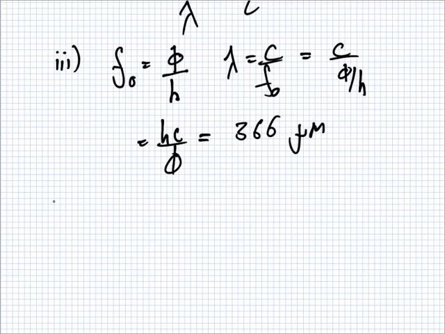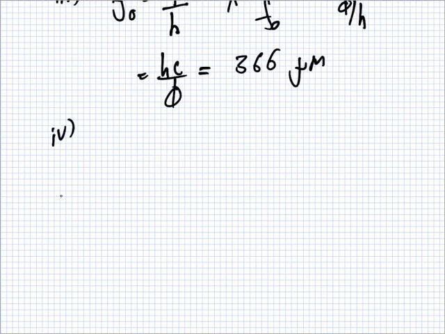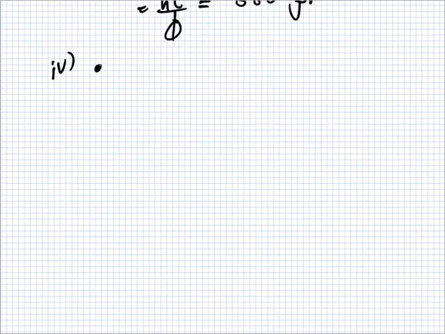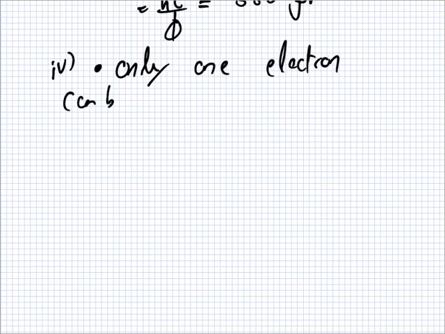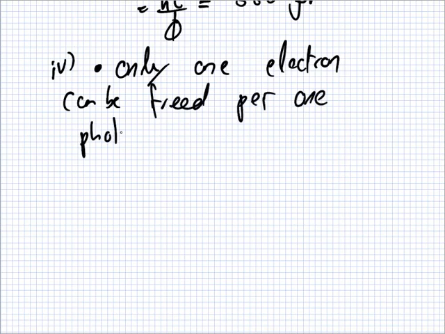And we had our explanation for why increasing the intensity does not change the value of the maximum wavelength. So the key point was that only one electron can be freed per one photon. So if you have twice as many photons, you could have twice as many freed electrons.